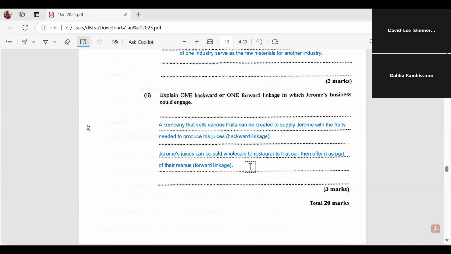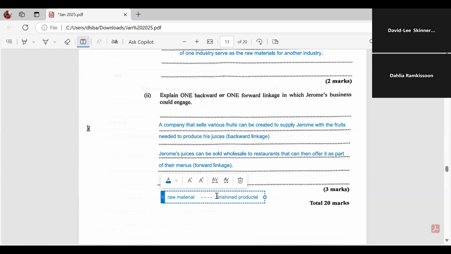All right, forward linkage now. So think of it like this: raw material, finished product, using finished product as raw material.